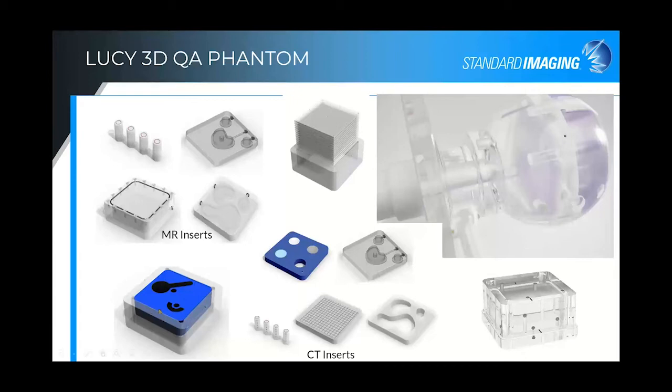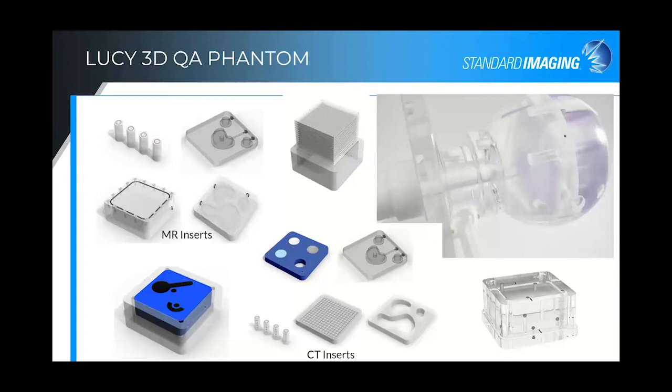We have separate sets of inserts for MR and CT. For CT image QA, we have marker cylinders, irregular volume inserts, CT densities, and a distortion grid. The CT densities are a great spot check.